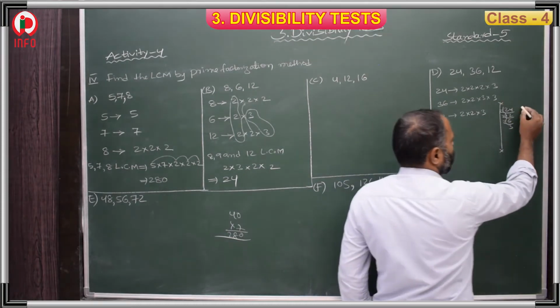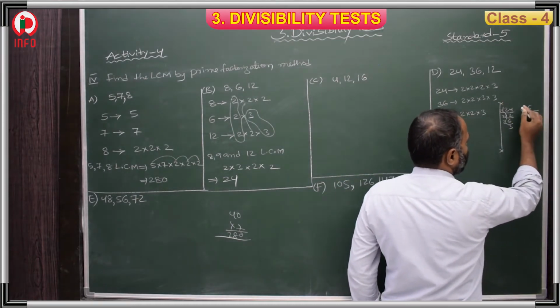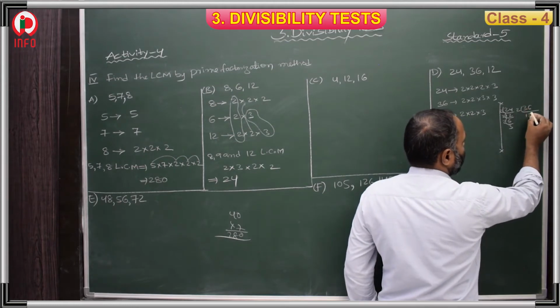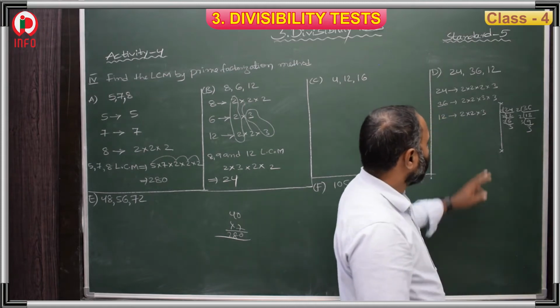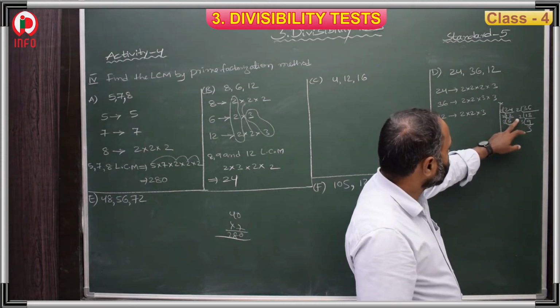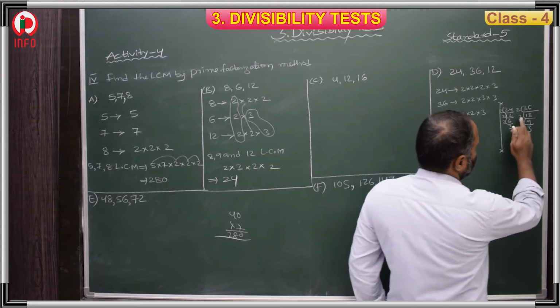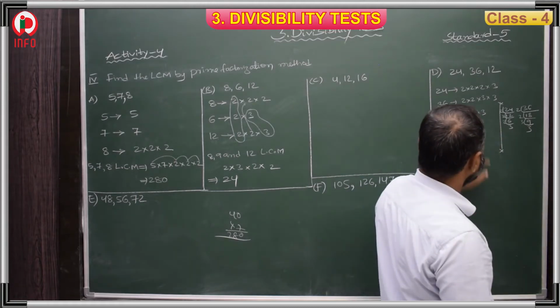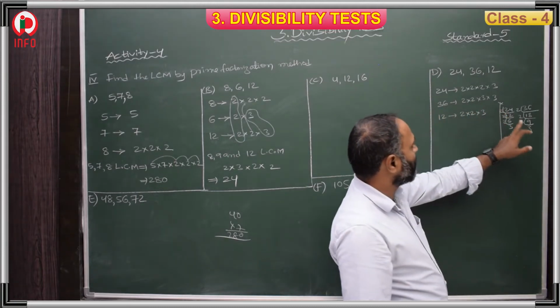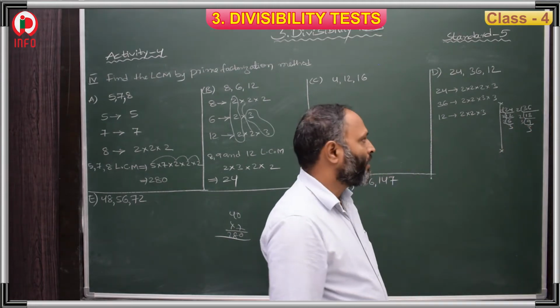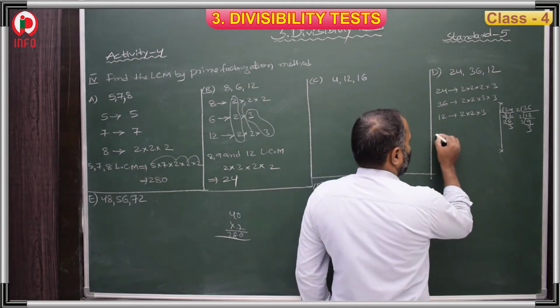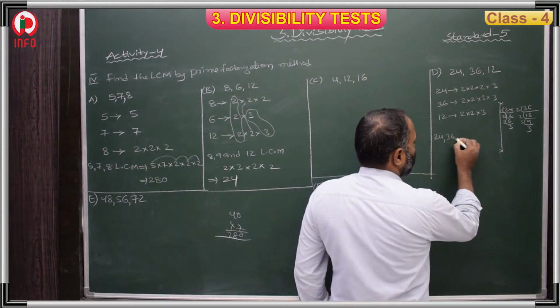Next, 36 also in that way: 2 into 2 into 3 into 3. 12 also in that way. So now the LCM of 24, 36 and 12.